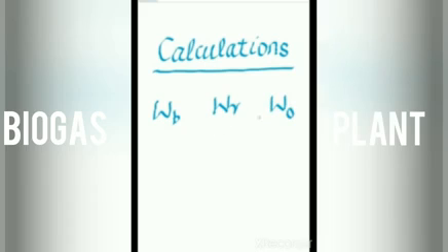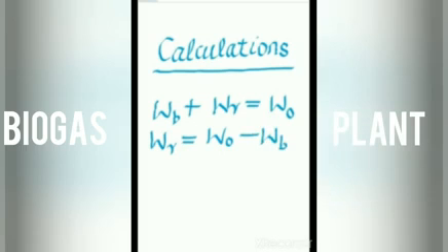As we can see, the observed weight should be the sum of the weight of the bucket and the real waste weight. So the real waste weight can be obtained as WR equals observed weight minus WB, the weight of the bucket.